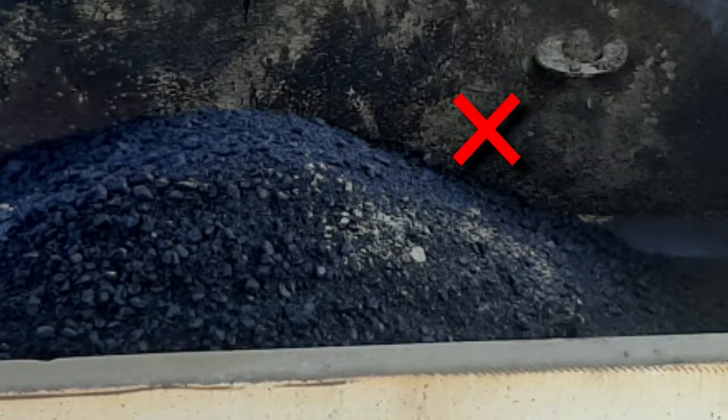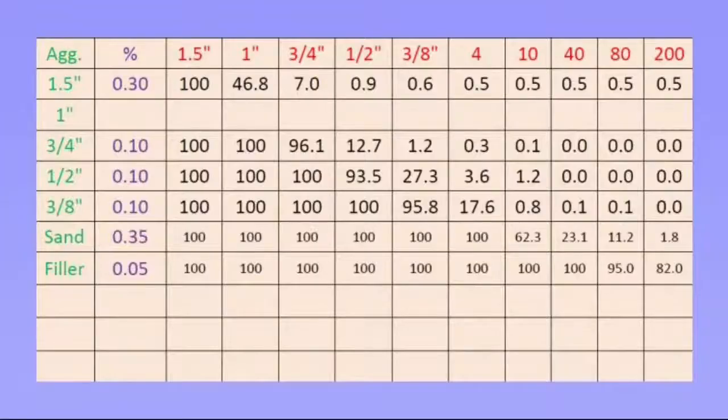Here is an example that asphalt is looking uncoated and looking fine. So we have to increase the bitumen and we have to decrease the fine aggregate. Look at the previous percentage. We were using filler as 5% and sand as 35%.